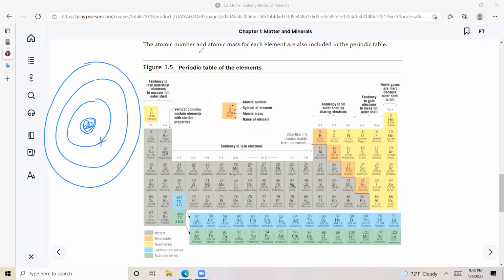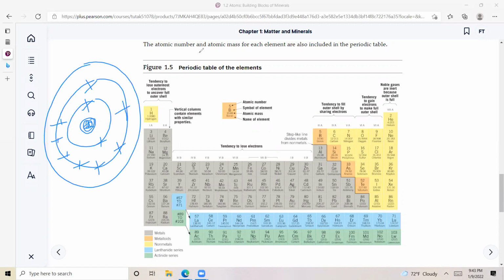It will be surrounded by 2 electrons in the first shell. The second shell will contain 8 electrons, and the third shell will contain 8 electrons as well.